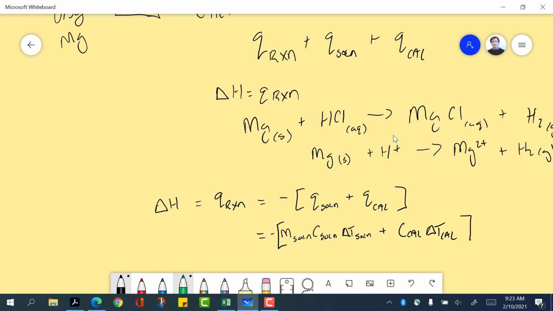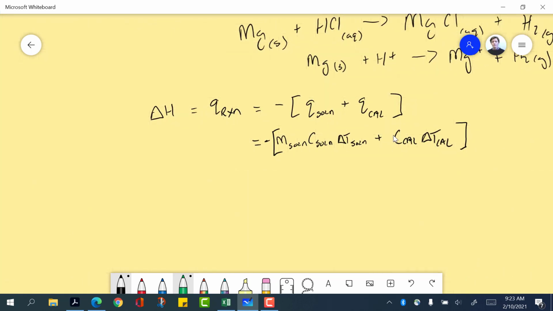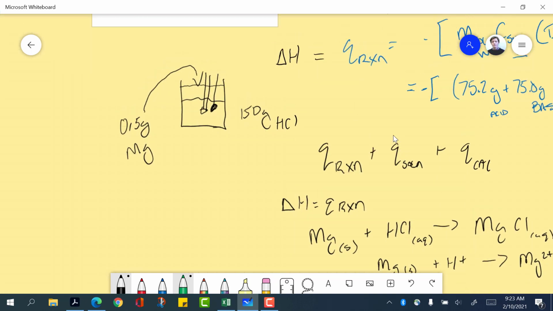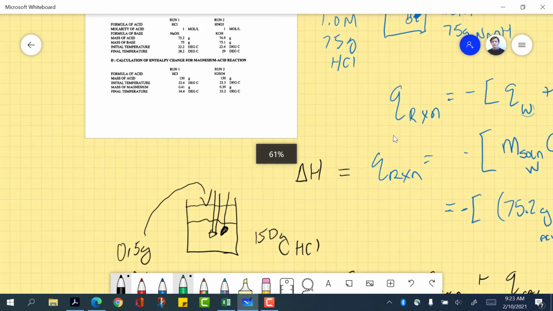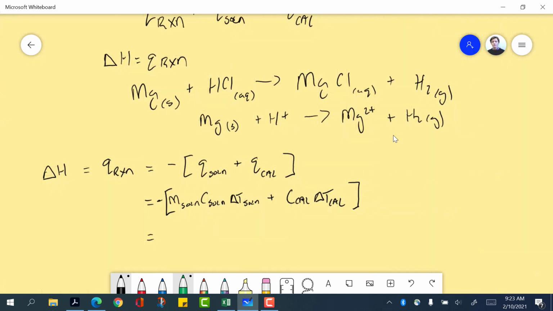Right, and again we have to take the negative of all that because we subtracted it from one side to the other. And if we put in the values, the masses of our solution, well, they actually used 0.41 grams of magnesium and 150 grams of acid.